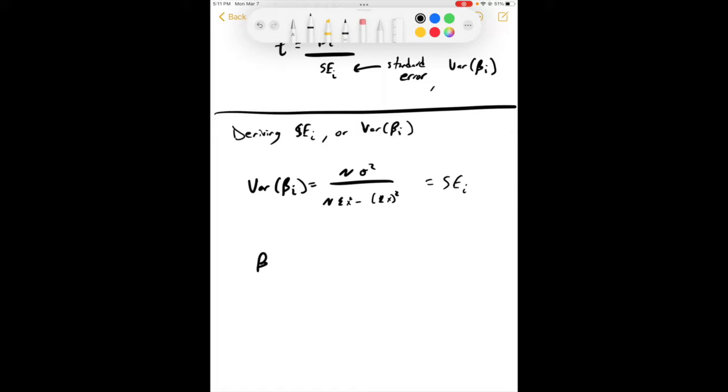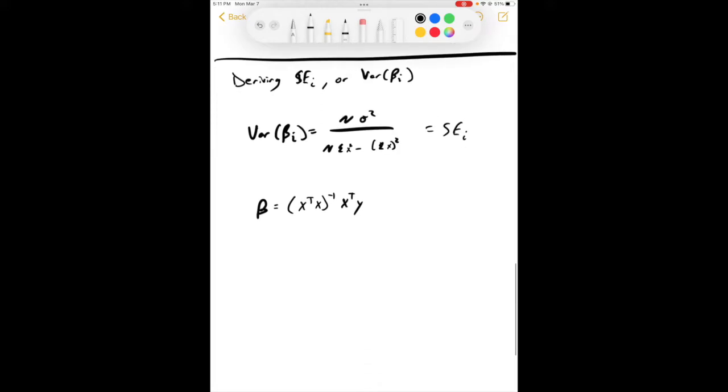And we're going to say that beta, all right, this time beta is the vector of all betas, is equal, as we remember, to x transpose x, the inverse of that, times x transpose y.